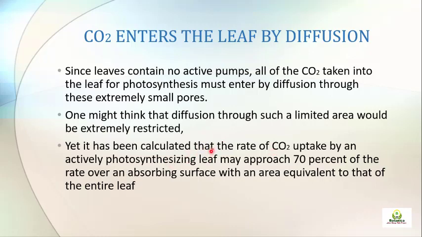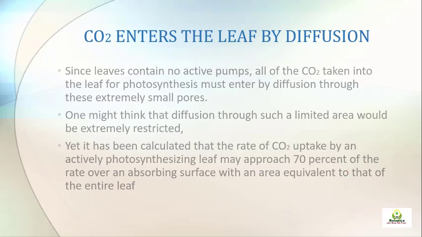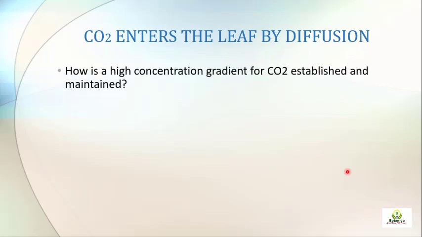According to the calculation, the rate of carbon dioxide uptake by an actively photosynthesizing leaf may approach 70% of the rate over an absorbing surface with an area equivalent to that of the entire leaf. So stomata are very efficient in the transport of carbon dioxide.